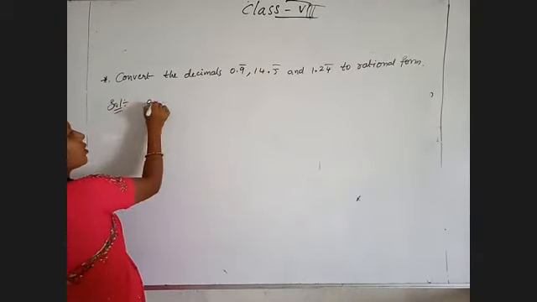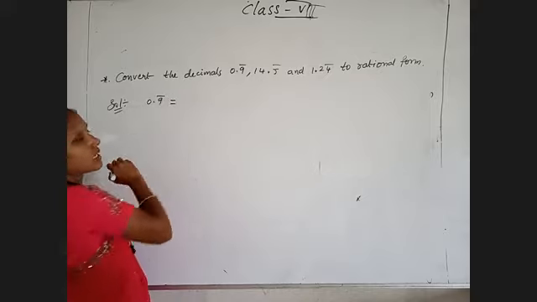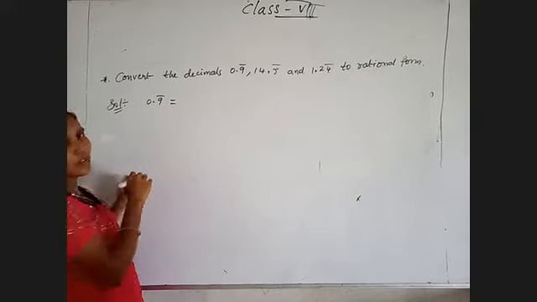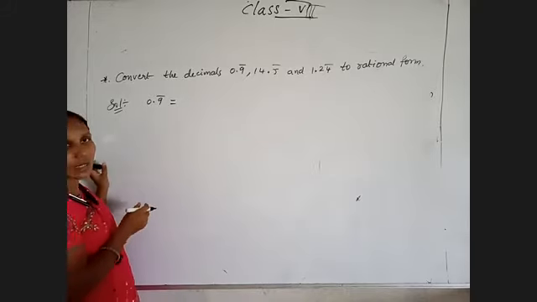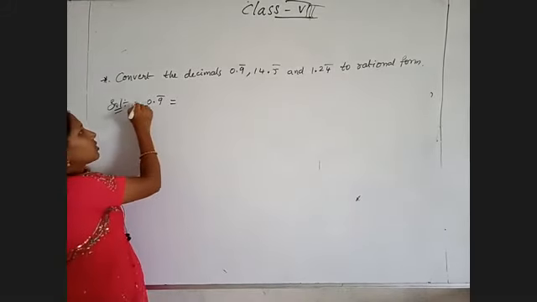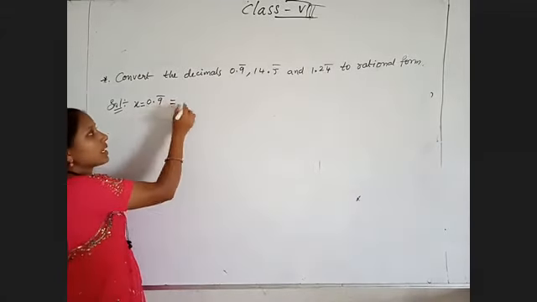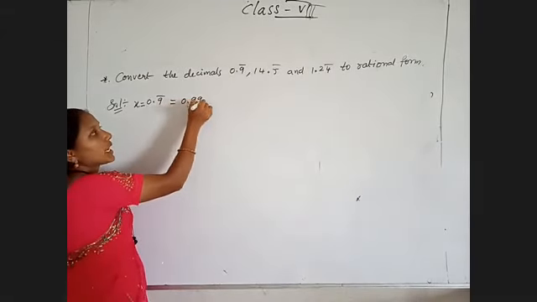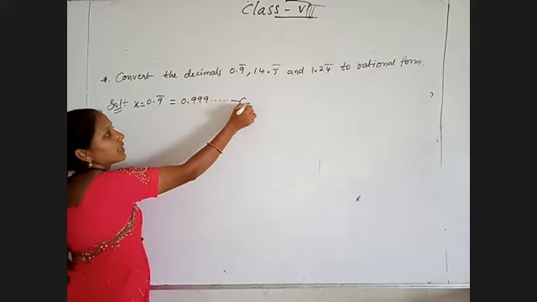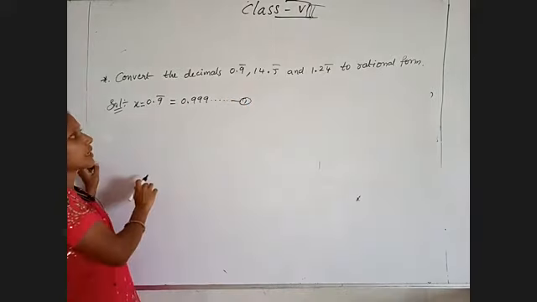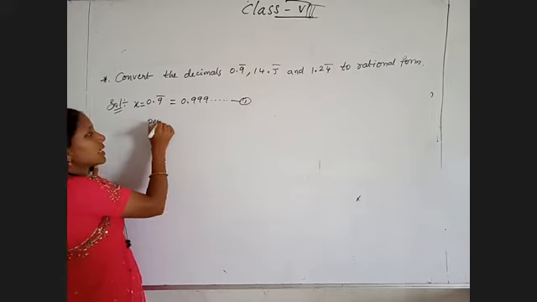The first number is 0.9 bar. I have told you we can do this by a shortcut method also. Before that, do the formal method, whatever we know. x is equal to 0.9 bar, that is 0.99999 and so on. Let it be equation 1. And what is its periodicity?